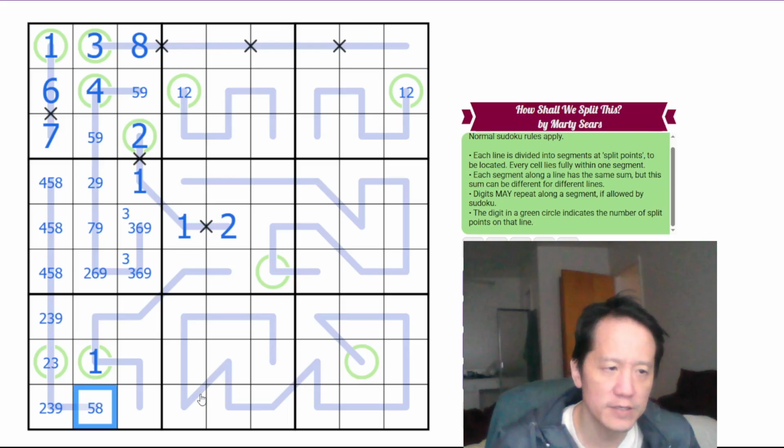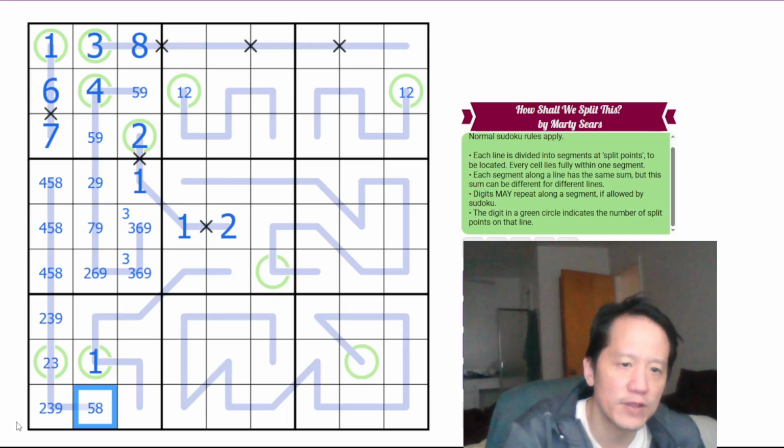But if we had it divided by 3 with an 8, how does that work? Because 4, 5, and 8 adds up to 17.